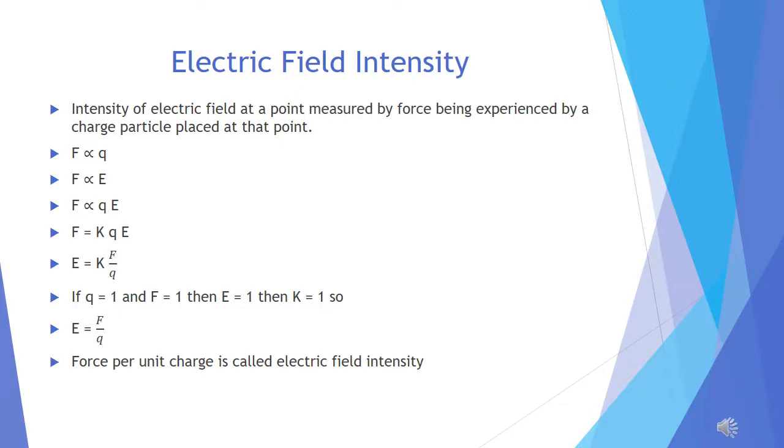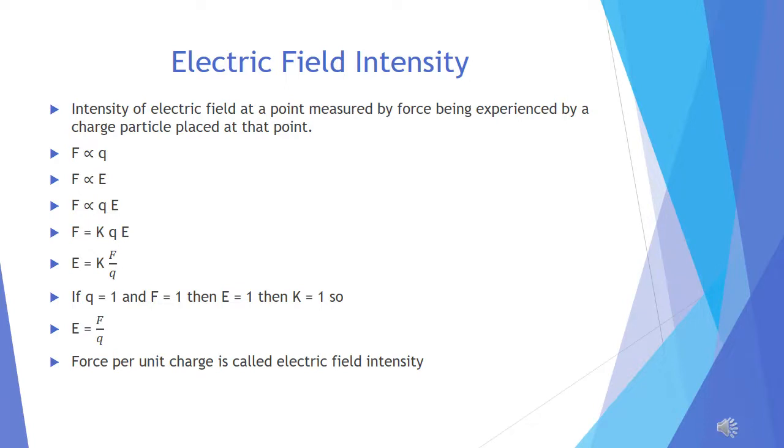The answer is, intensity at one place is less and intensity at the other place is more. Then take the same particle at a third point and the force is 0 here. So we can say there is no electric field, therefore force is 0.